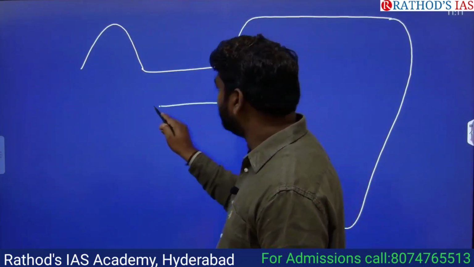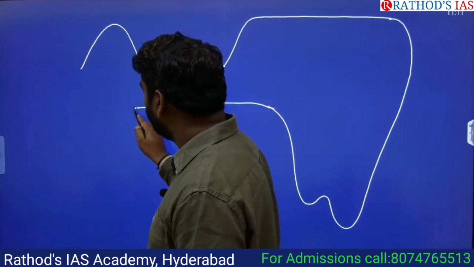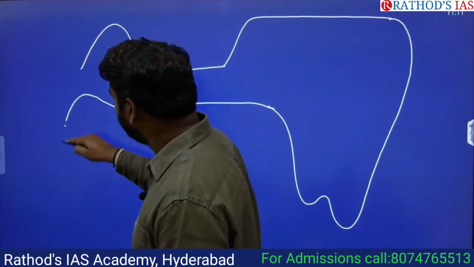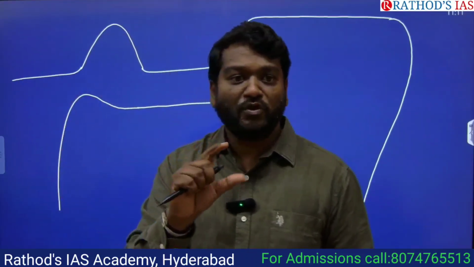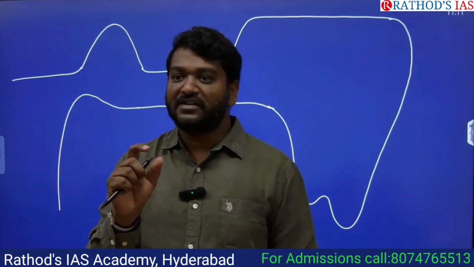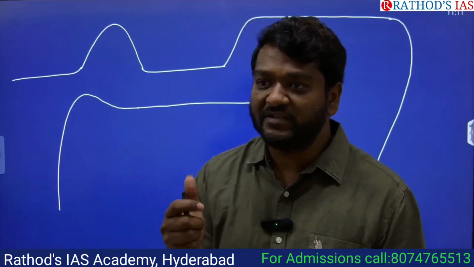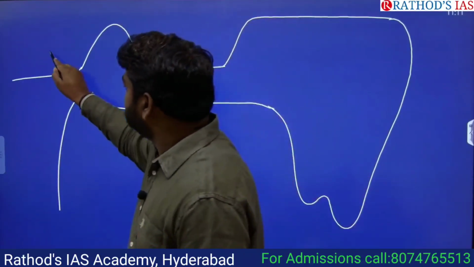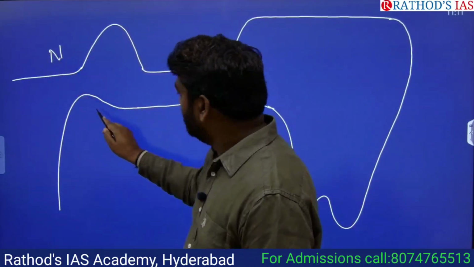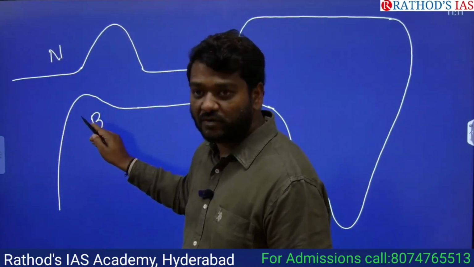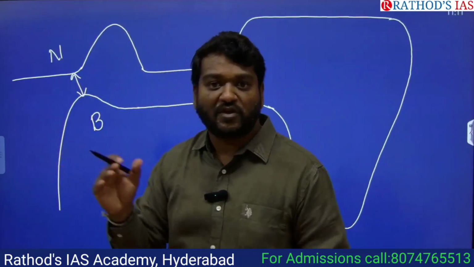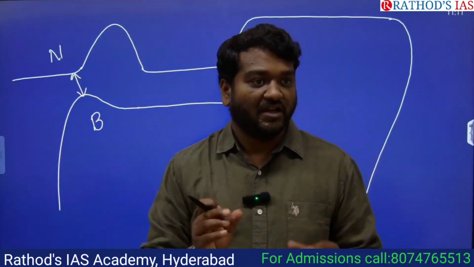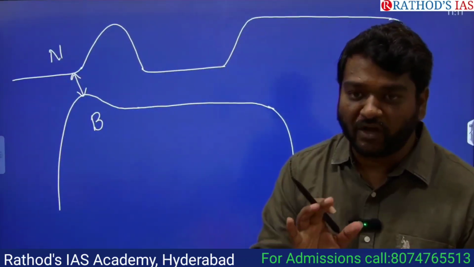Where is the chicken neck present? See guys, that's why knowing is different, understanding the logic behind it is different. This is Nepal for you, this is Bangladesh for you, and this 21 kilometer stretch is called what? Chicken neck, Siliguri corridor. Okay, now you see.